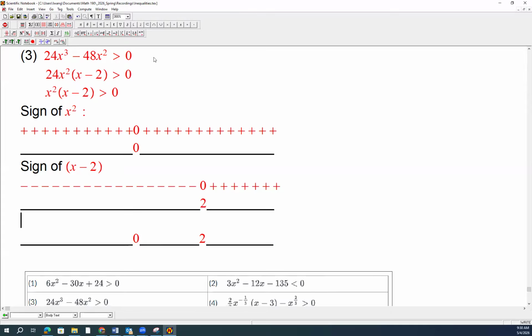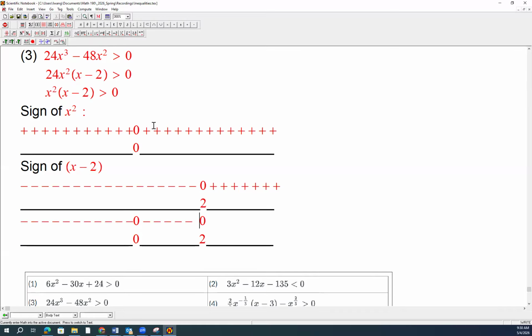So you're going to get a bunch of negative for less than 0. At 0, of course, is 0. Between 0 and 2 is still positive times negative, so it's still negative. At 2 is 0. And bigger than 2, that's all positive.